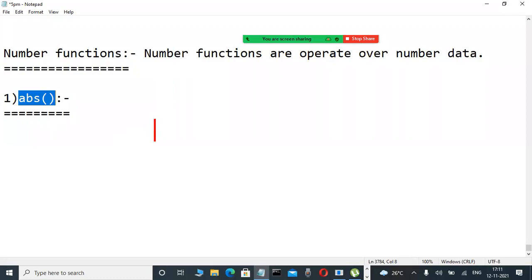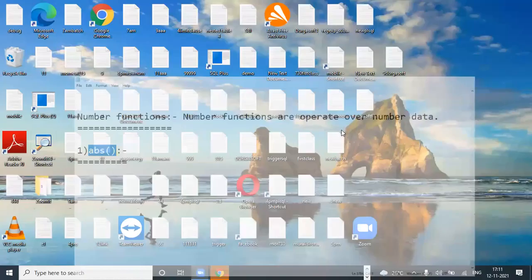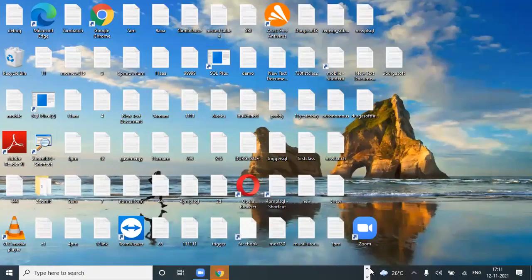Where do we use ABS? Whenever in a project we are calculating something, many times a negative sign is displayed. If I don't want to display the negative sign and want to convert it into a positive number, then we go for the absolute function. Syntax is not required, it's very easy. Now check it out.